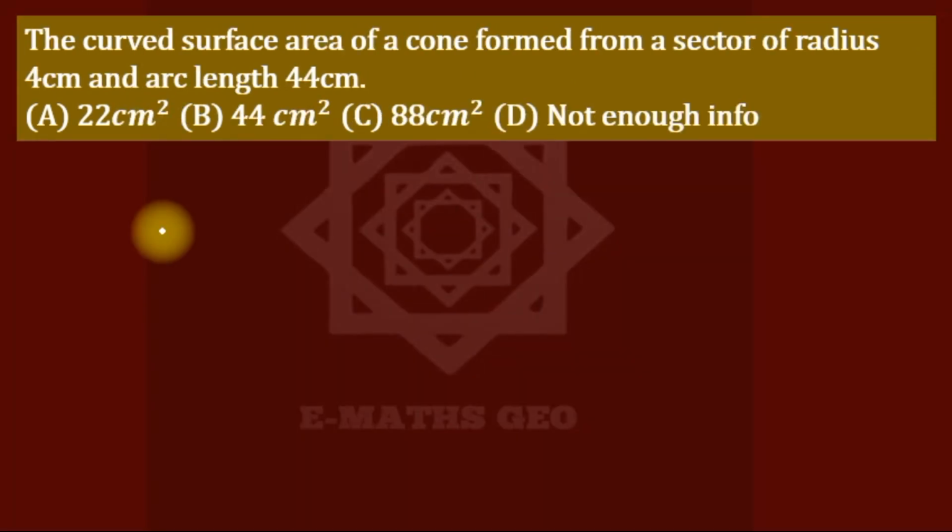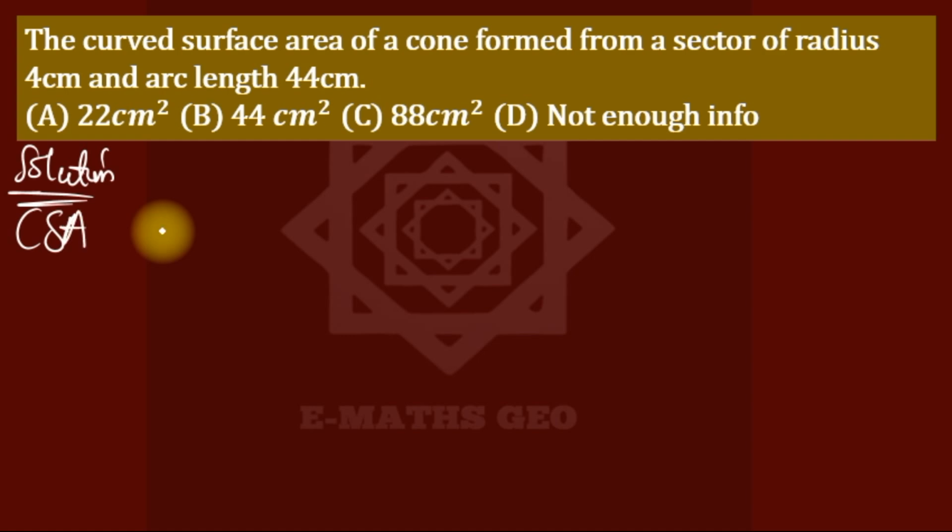The second question, they said the curved surface area of a cone formed from a sector of radius 4 cm and arc length of 44.